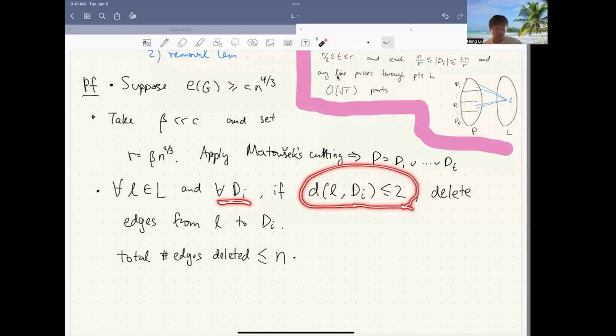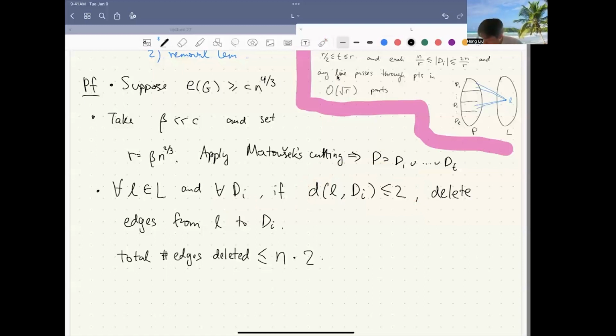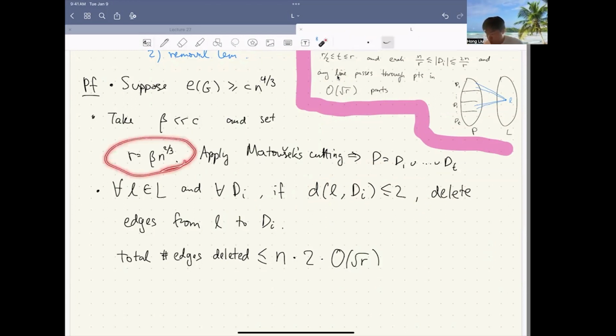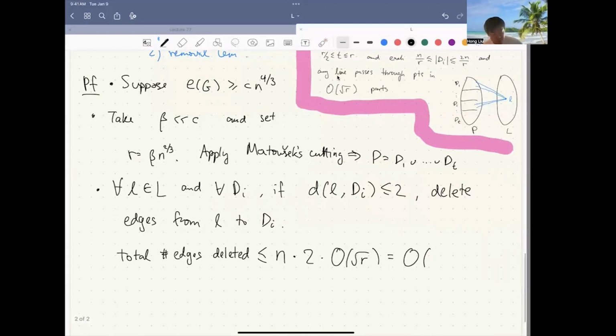If it's at least 3, we don't delete it. So it's at most 2 for each region. And the number of regions where it has neighbors is big O of square root R. So it's times 2 times big O of square root R. What is square root R? We know R is beta n to the 2/3. So this is big O of beta to the 1/2, if you do the calculation, n to the 4/3. Yes, 4/3, that's correct.